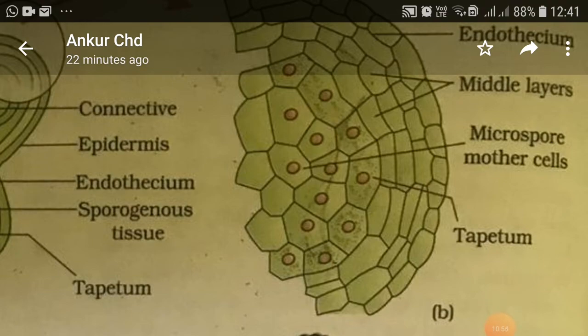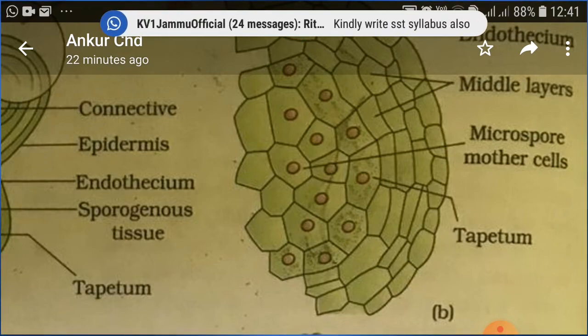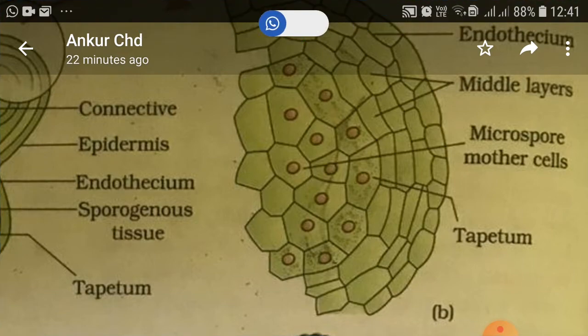Now the cells of this microsporangium, that is the sporogenous tissue part, divide and then separate from each other to function as the microsporocytes or the microspore mother cells. So the microspore mother cells are formed from the sporogenous tissue.